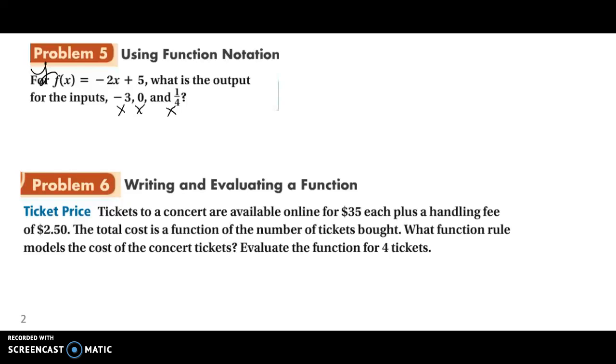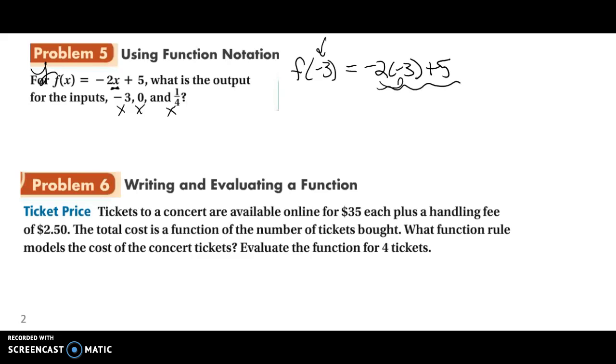So this is how you would show the notation. We want to find when x is negative 3. So plug negative 3 into the function. That means I'm going to put the negative 3 where the x is. So this means I'm inputting negative 3 into this function. So notice I put negative 3 where the x is in the function. And now compute this right side of the equation.